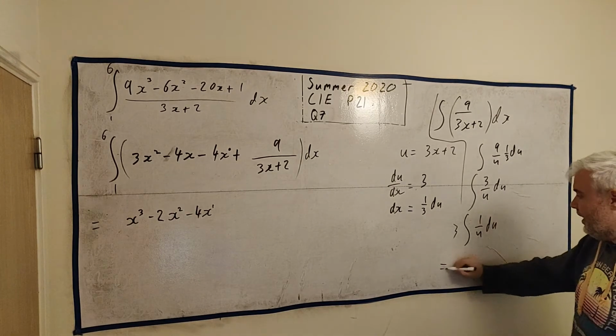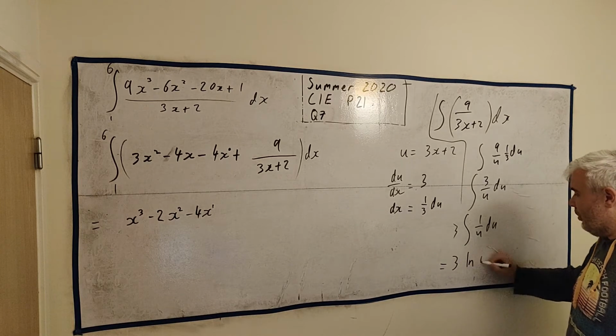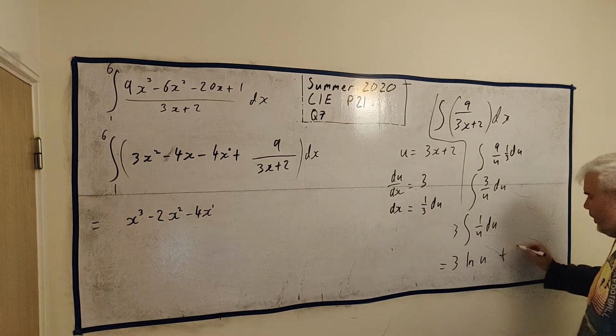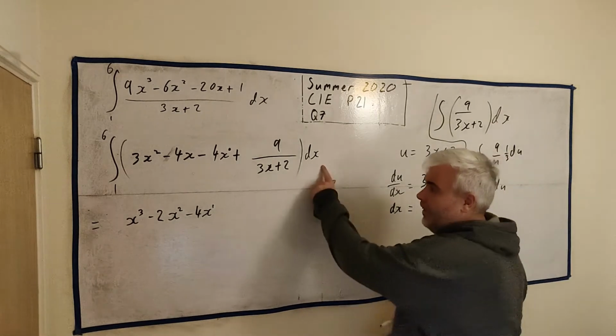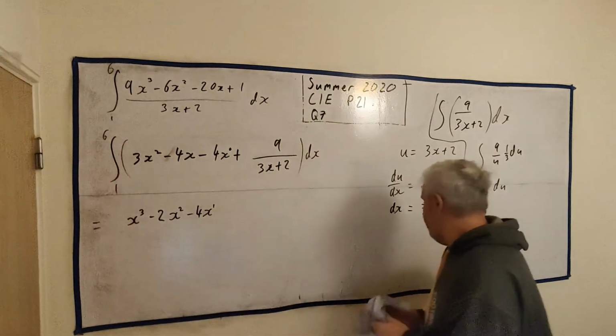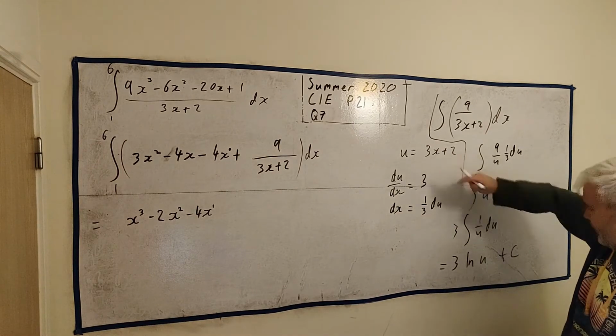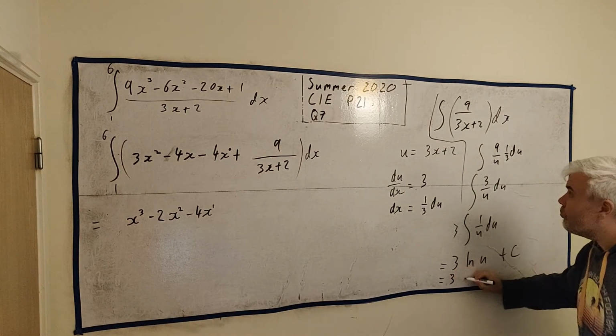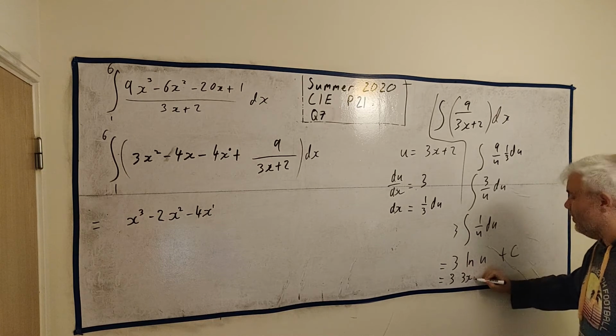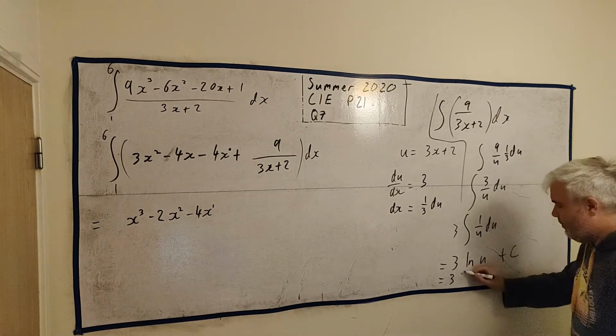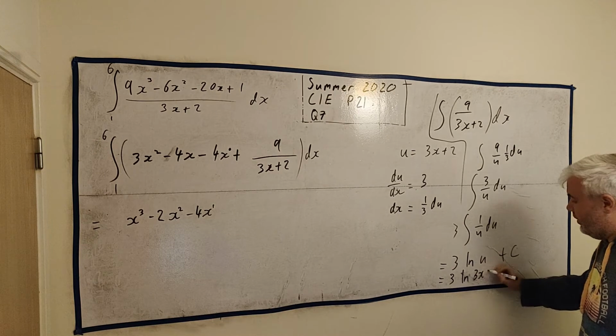The answer is just 3 natural log of u plus a constant, which won't matter here because we have actual numbers. And again, u is just made up, so just replace it: 3 times the natural log of 3x plus 2.